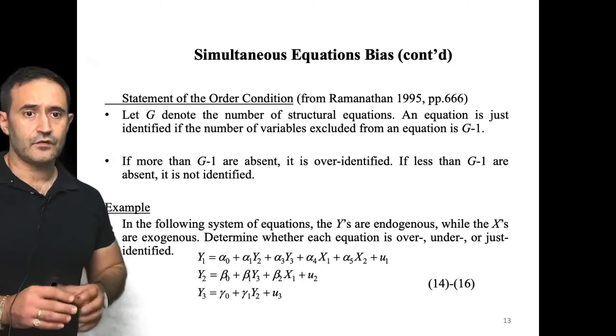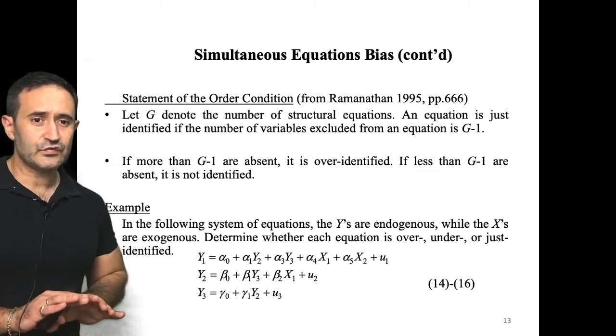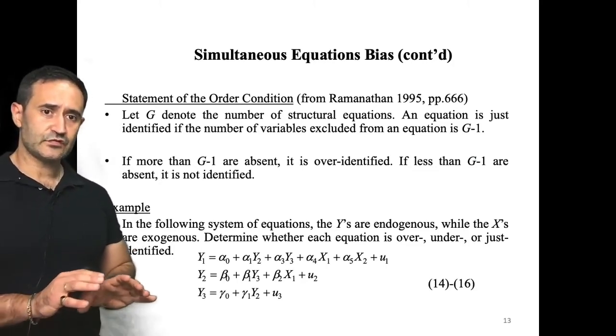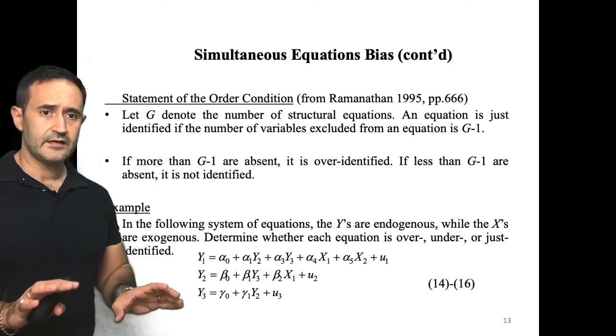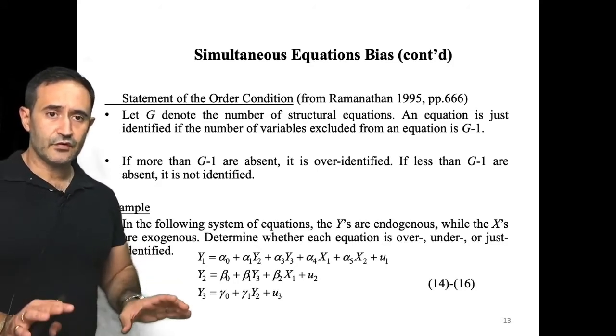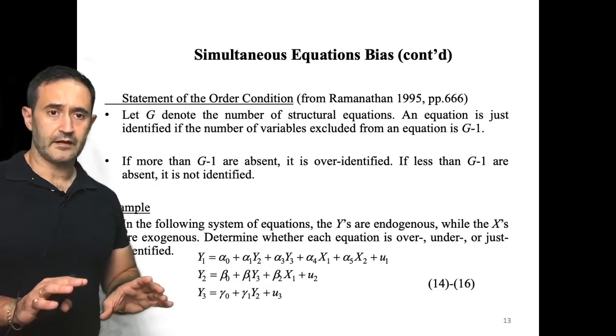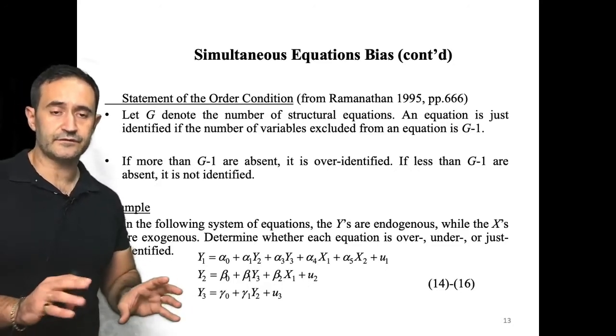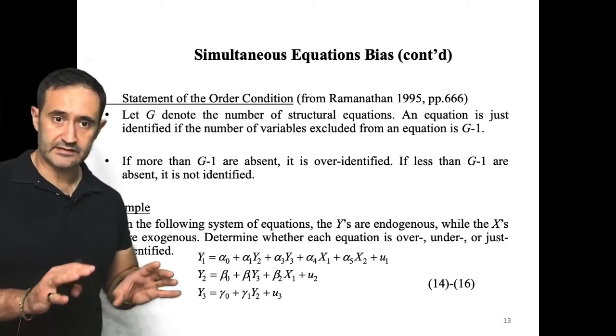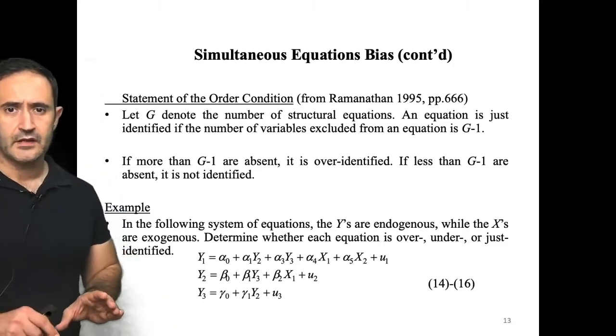So what we are going to do now with the VAR models is try to separate them in a way that we can estimate the models without too many violations of the classical linear regression model assumptions.